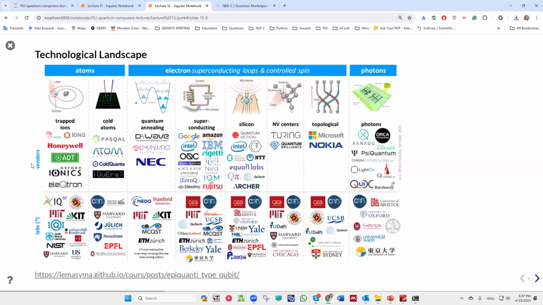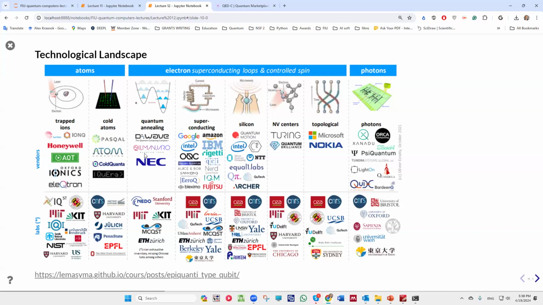And here in this table, you can see different vendors and different labs. And yeah, you can appreciate how many groups, vendors, and companies work in this quantum area. You can also notice the difference between vendors and labs.